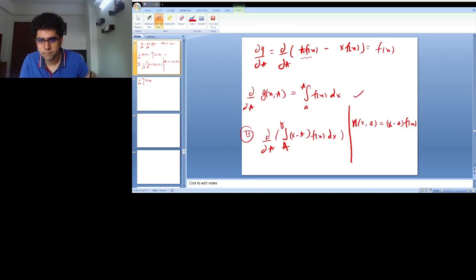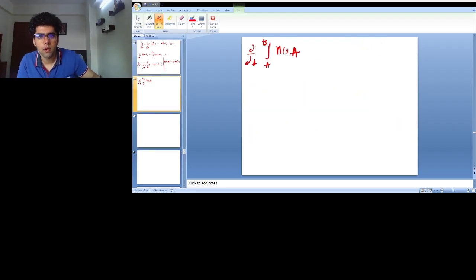This is capital A, I'm so sorry. This is also capital A. Small a has gone; the small a was the lower limit. So this is h(x, capital A), just make it capital A, with x minus a. So this is h(x, a), h(x, capital A) dx.